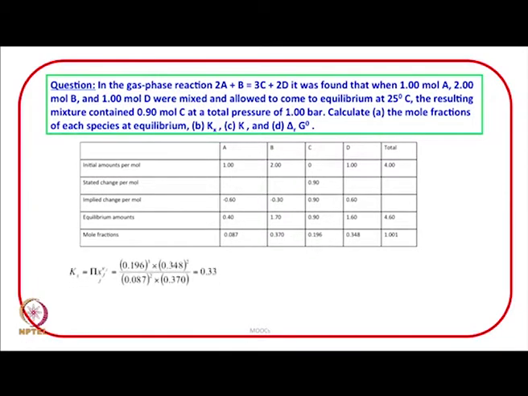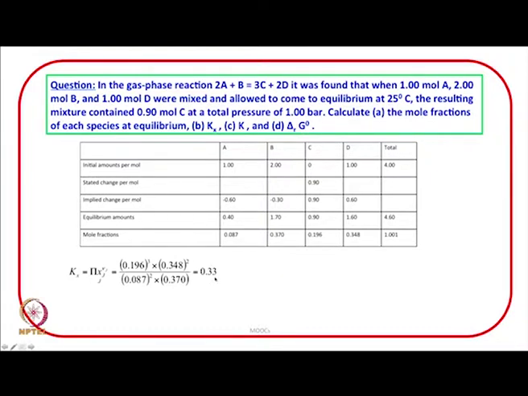And immediately we can calculate Kx. Kx will be equal to mole fraction of C raised to the power 3 into mole fraction of D raised to the power 2, divided by mole fraction of A squared into mole fraction of B. Once you substitute these numbers, we get a value of 0.33.